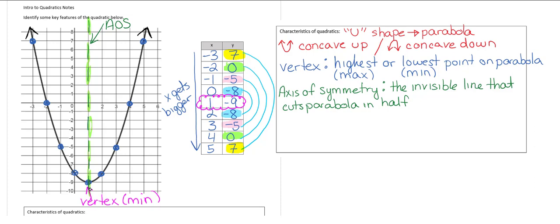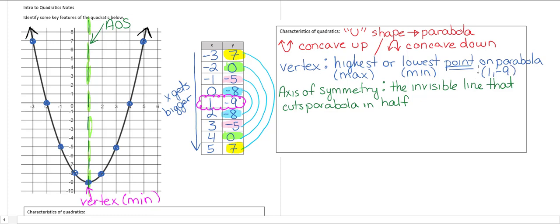So when we talk about the vertex also is again in the middle, kind of we're talking about cutting our parabola in half. When we talk about the vertex, it is a point, right? So here our vertex is the point (1, -9), right? That's our vertex for this parabola.